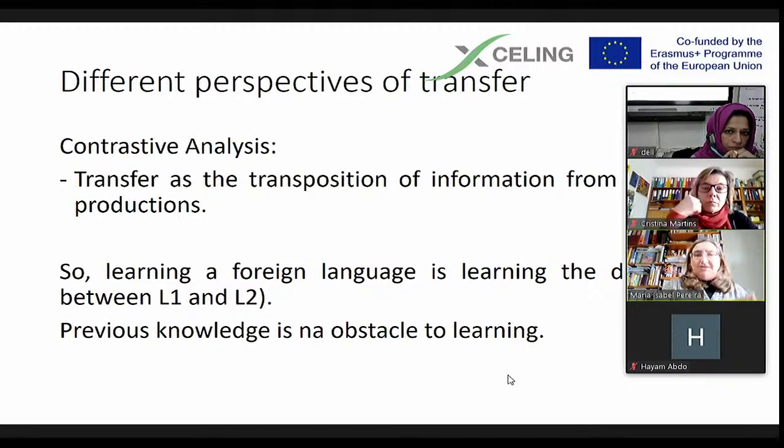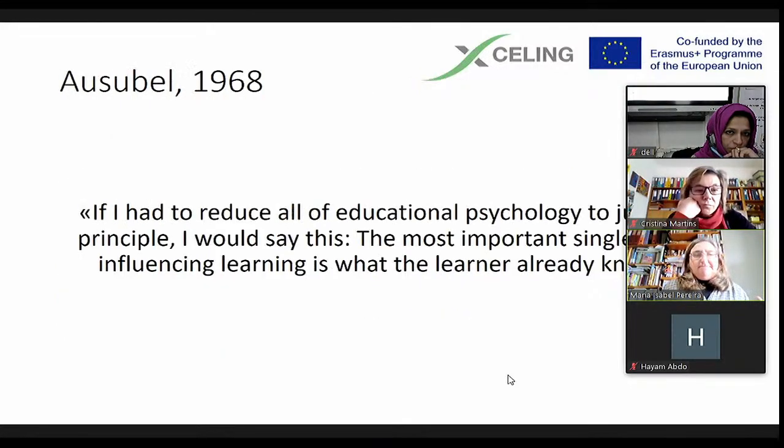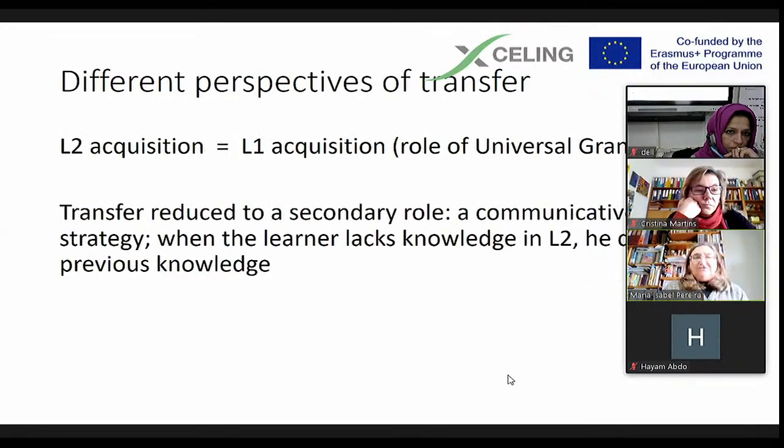Transfer is just a communicative strategy. In fact, a strategy to overcome ignorance. When the learner lacks knowledge in L2, he draws on previous knowledge.